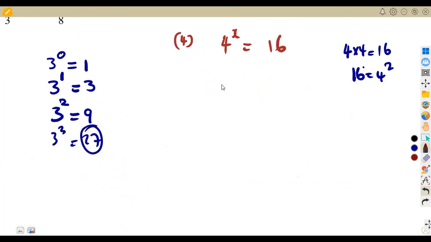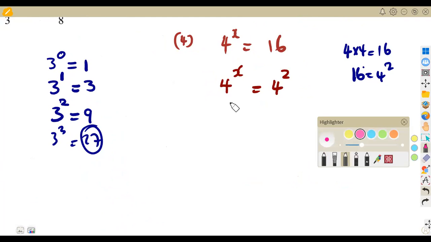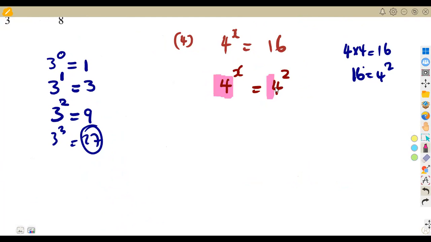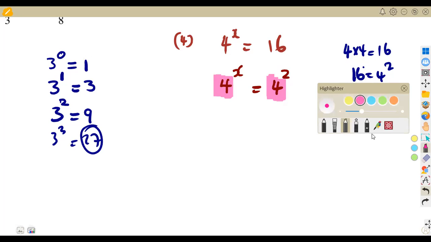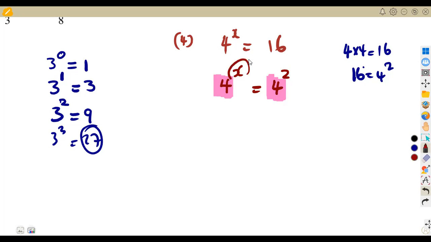That means here I'm going to have 4 to the exponent of x equal to 4 to the exponent of 2. Remember, what I want here is to make sure that these two are the same. I've got 4, I've got 4. So I can equate my exponents, which is x must be equal to 2. Therefore, our x is going to be equal to 2.